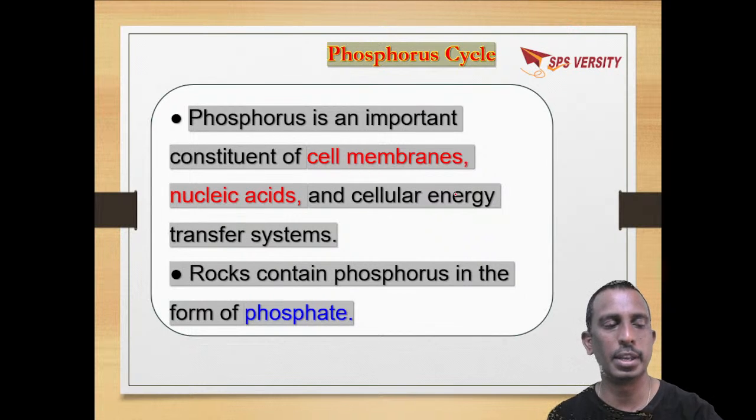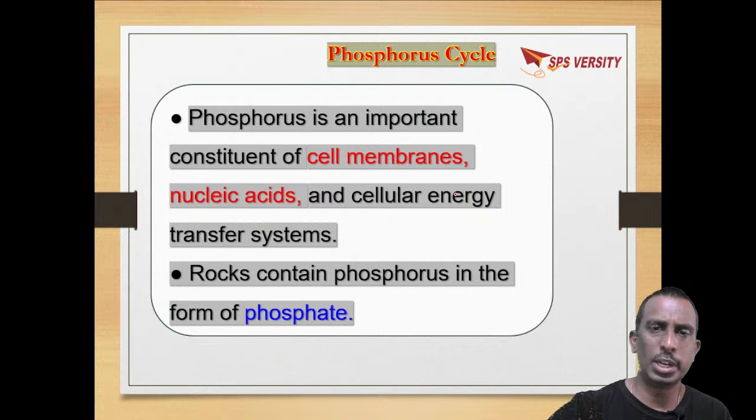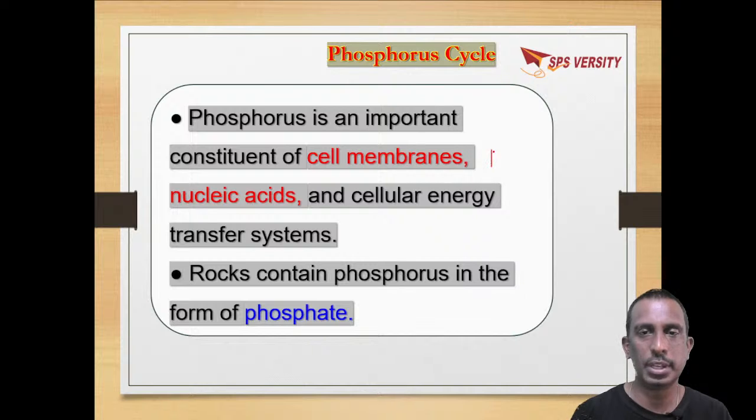Phosphorus is one of the important components of the cell membrane. In the cell membrane there are phospholipids, which form a major component along with the proteins.